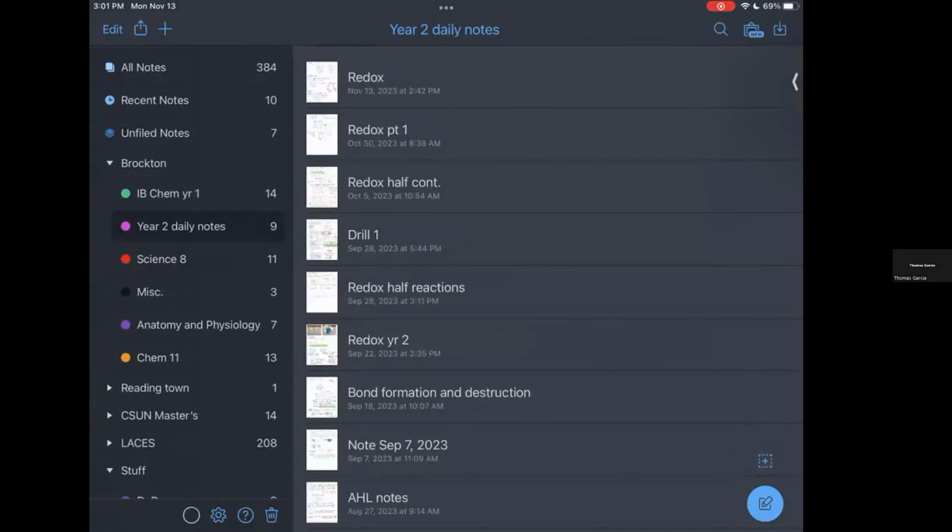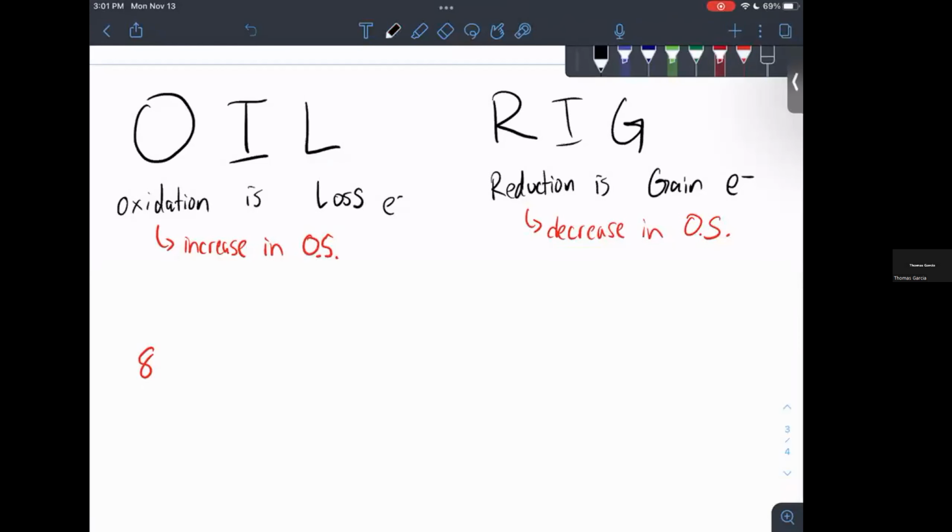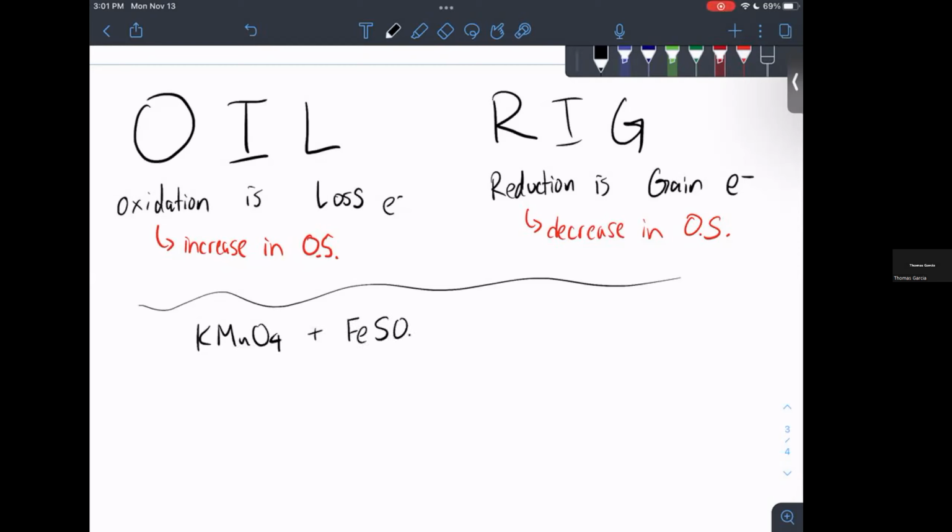In class, we did the reaction of potassium permanganate, KMnO4, and iron sulfate, specifically iron 2 sulfate. So it was this reaction between these two chemicals.